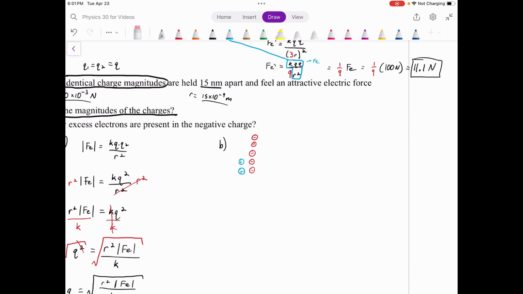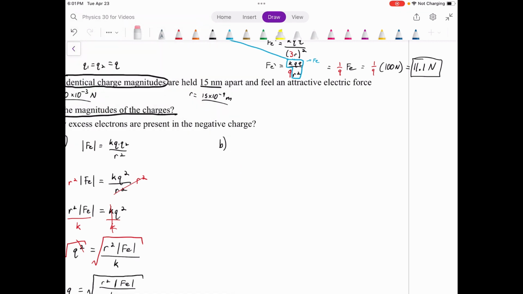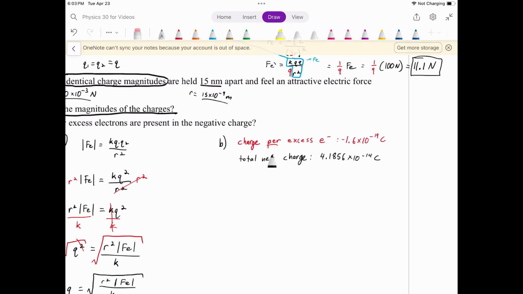If it had 3 extra electrons compared to protons, 3 times that elementary charge. So every extra electron contributes 1.6 times 10 to the negative 19 coulombs of charge. So this is the situation we've really got, right? The charge per excess electron is this. That's for every 1 extra electron, you get this much charge.